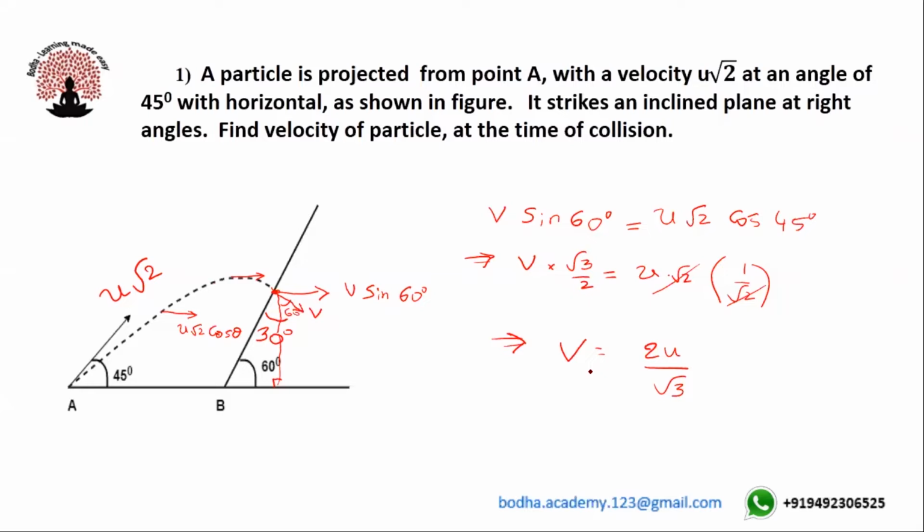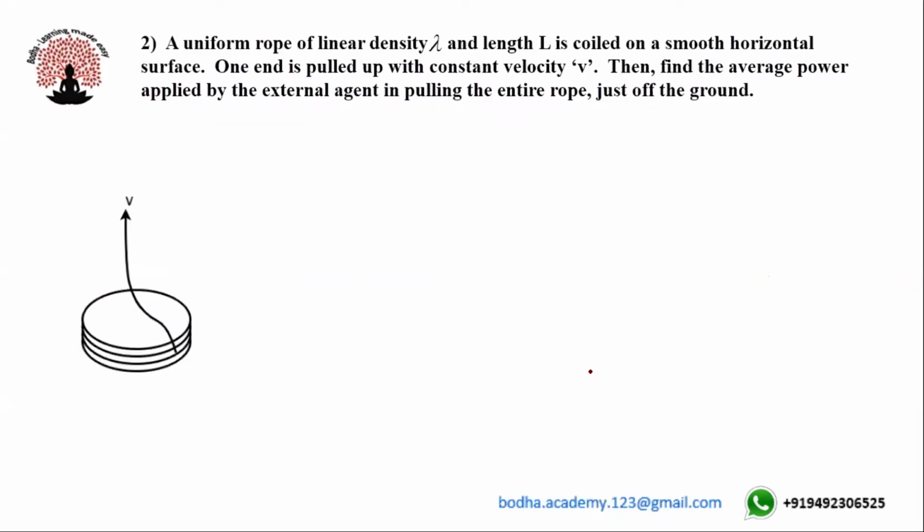Okay, we will proceed to the next problem. A uniform rope of linear density lambda and length L is coiled on a smooth horizontal surface. So first we have to know what is meant by linear density.